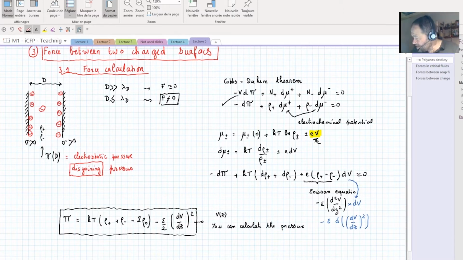Here you are right, here it was a volume. I didn't pay attention to that, and here it is the electrical potential. Sorry. Okay, so I should write... Let's do that. Okay, thank you.